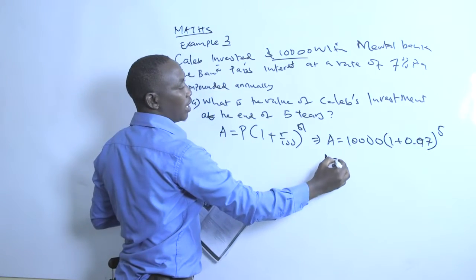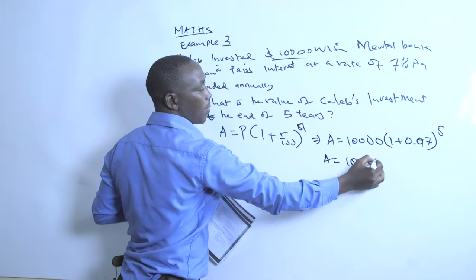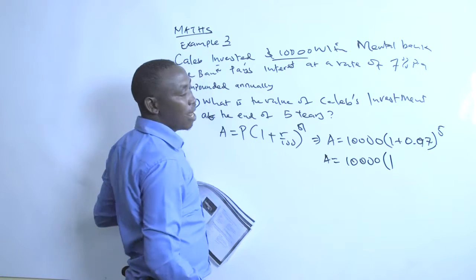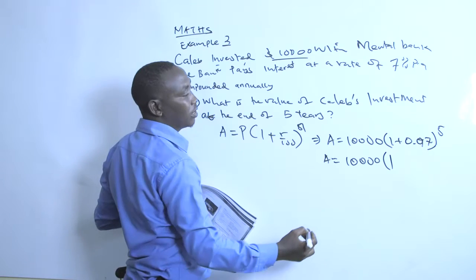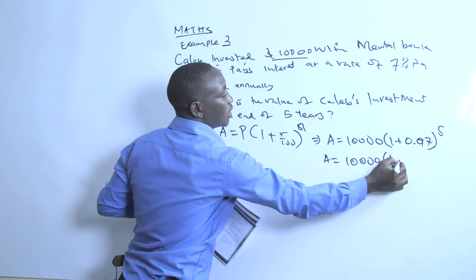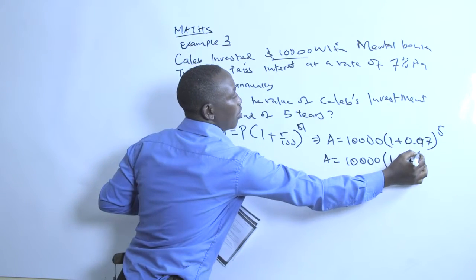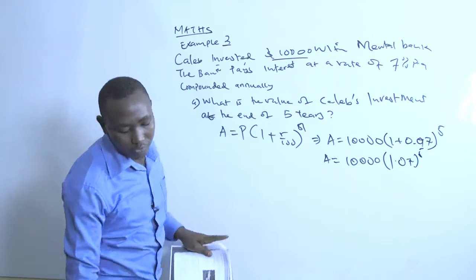So this will give us 10,000. When you add 1 plus 0.07, you get 1.07, all this being raised to 5.